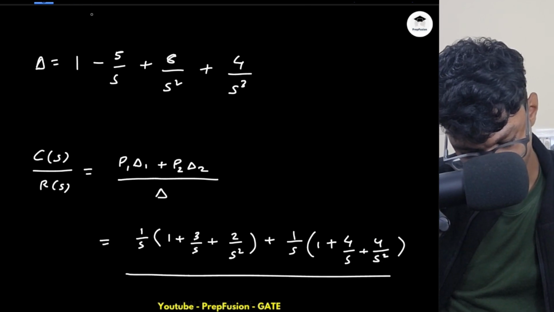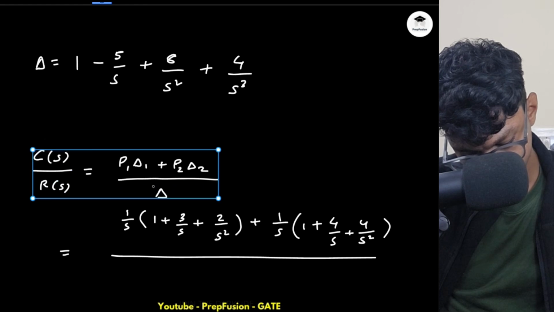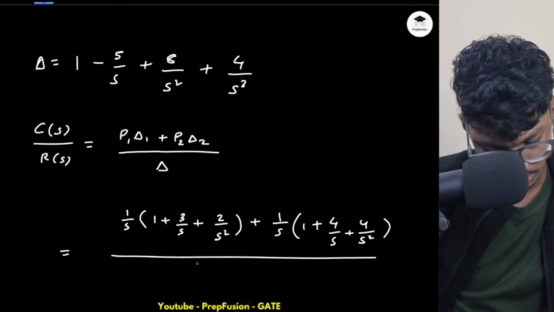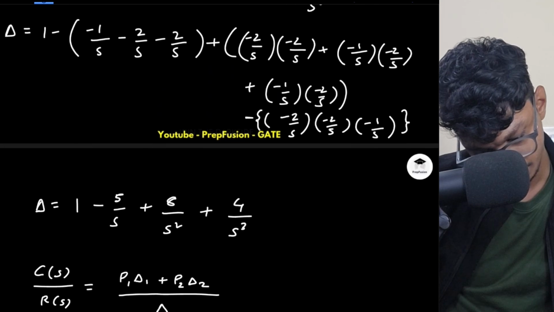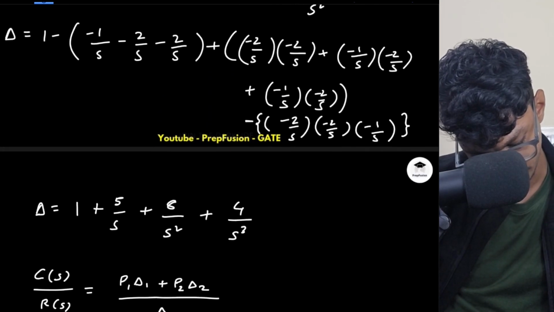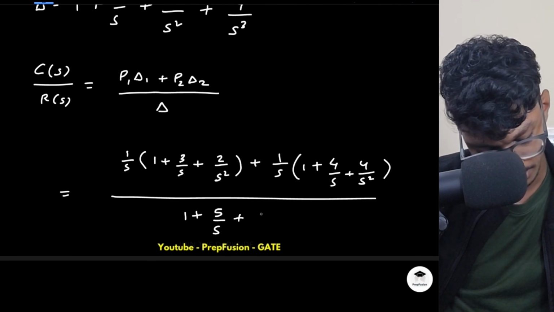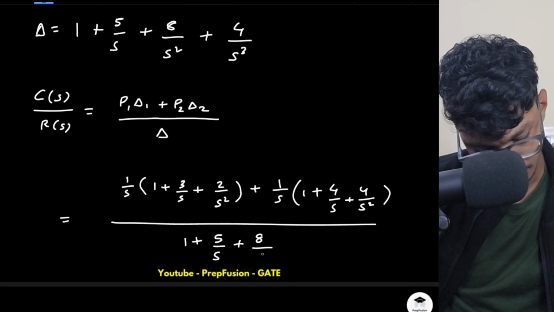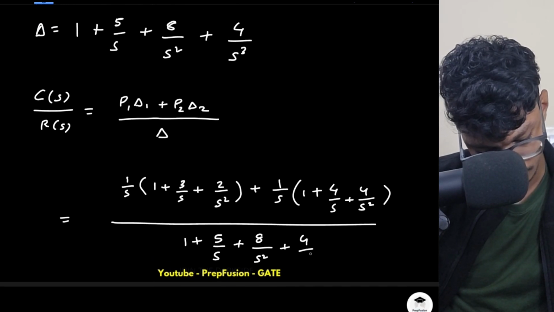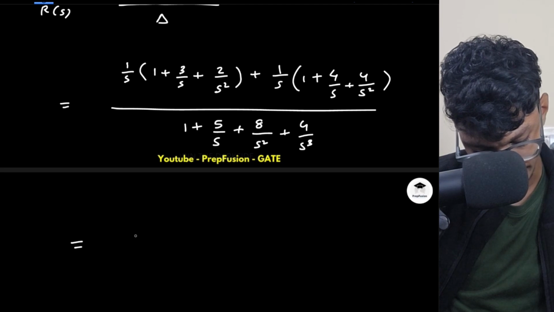Ultimately the denominator is 1 minus 5 by s. Okay, sorry, this will be plus 5 by s plus 8 by s square plus 4 by s cube. So I can multiply s cube both on numerator and denominator.